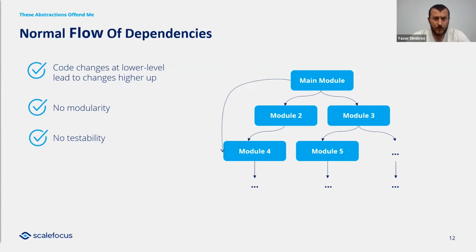So what this leads to is, you can see on the chart on the right, that's a normal structure of an application. You have a main module, which usually all programs start with a main method. This main module could also be your web application and so on, but I will try to keep the examples simple to not add additional noise to that.